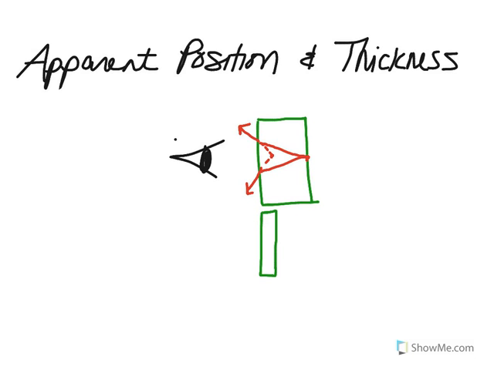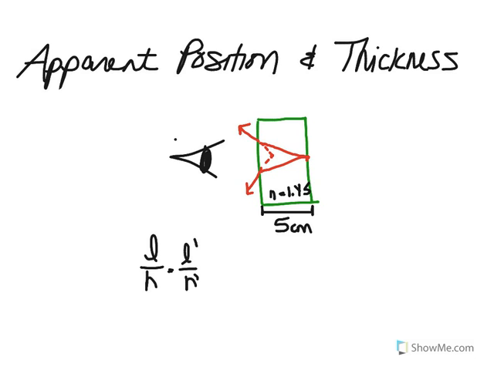So if we say that this piece of glass is 5 centimeters thick, and the index is 1.45, we could then calculate the apparent thickness of the glass. And again, we can use L over N equals L prime over N prime. Remember that in this case the N is where the object is originally located, so that's the index of the glass.